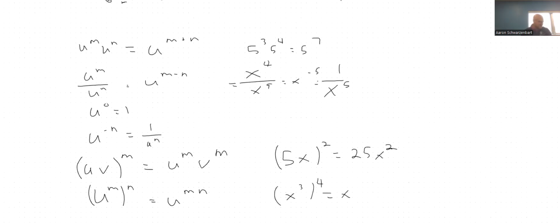Again, there's an example. And my last one, u over v to the m. Again, I apply them to both. Those are your exponent rules. Now we're going to use it for a few examples.